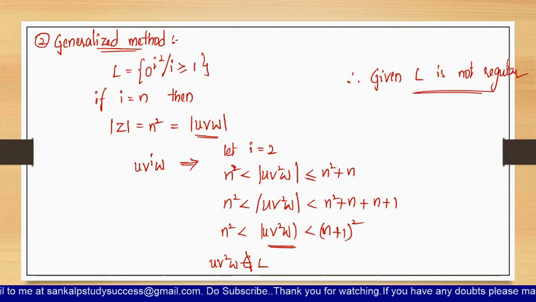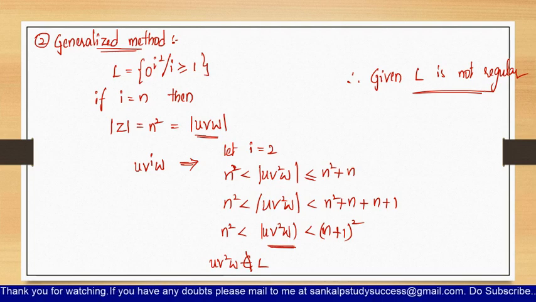So in this way we are going to solve the problems using the simplest method as well as the generalized method. For the simplest method, it is quite easy, we just decompose and say that it does not belong to L. But coming to the generalized method, first we need to analyze the question in order to know what we are going to solve.